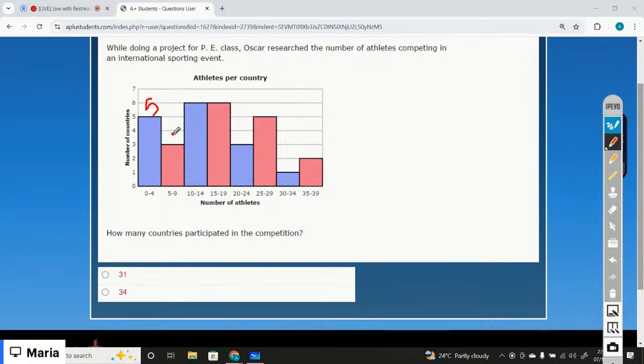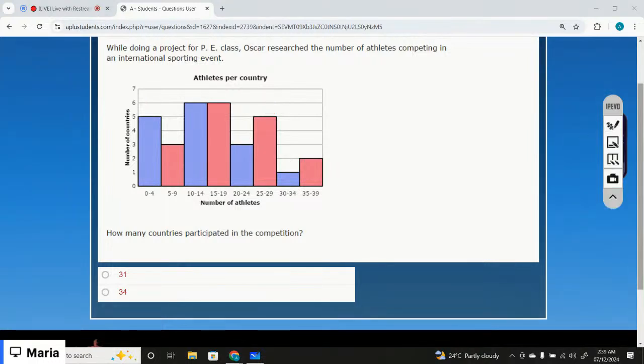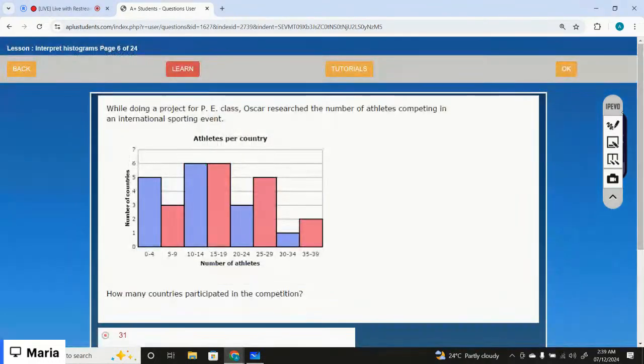There are 5, 3, 6, 6, 3, 5, 1, 2, 8, 6, 8 and 14, 20, 23, 28, 29, 30, 31. The correct option is 31. Option number 1 is the correct option.